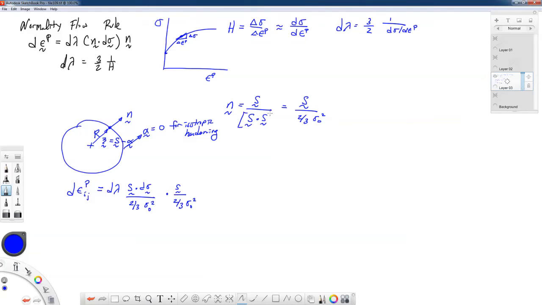What I want is this to the 1/2 power. So this is actually the 1/2 power, and so is this. So that when I put these together, I have d lambda S mn d sigma mn times S ij, and then when I put these together, I end up with a 2/3 sigma naught squared down on the bottom.